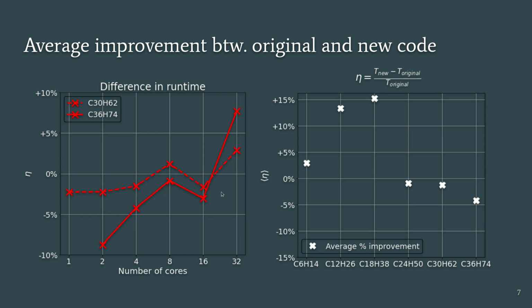After that, we took all of the runs for each molecule, and we averaged out this percentage improvement, and we ignored the 32 case because it's almost always the slowest case.